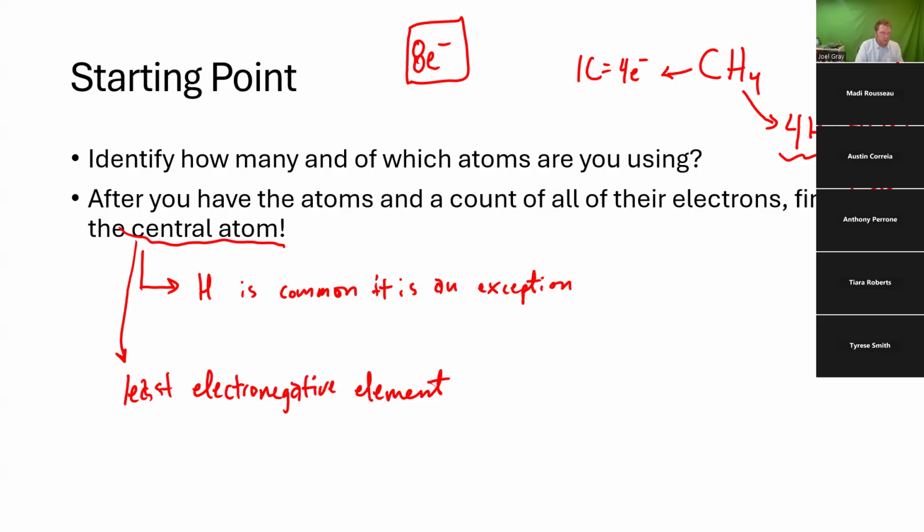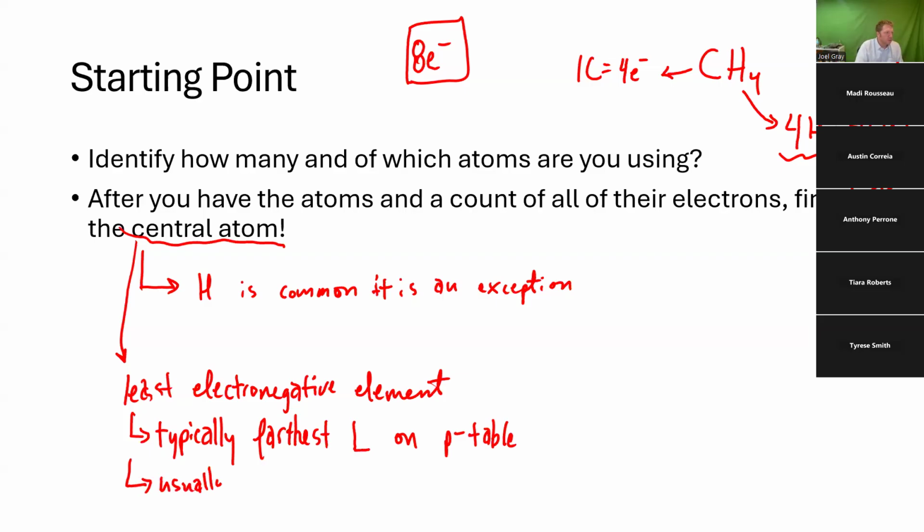This statement is also true: it is typically the one farthest left on the periodic table. And in addition to all that, it is usually the first element written in the formula. Okay.